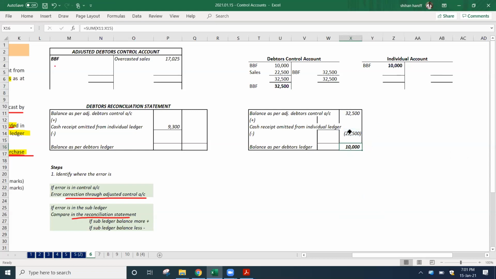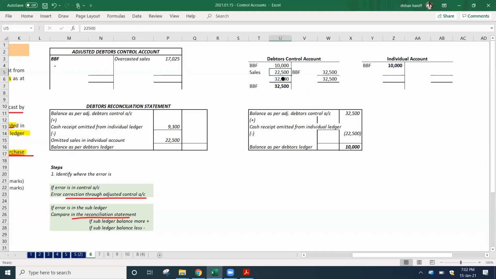I'm always repeating, it is not correcting. It is comparing. Reconciling means comparing. Okay, so 22,500 will be minus. Omitted sales. Right. I'll repeat it again.